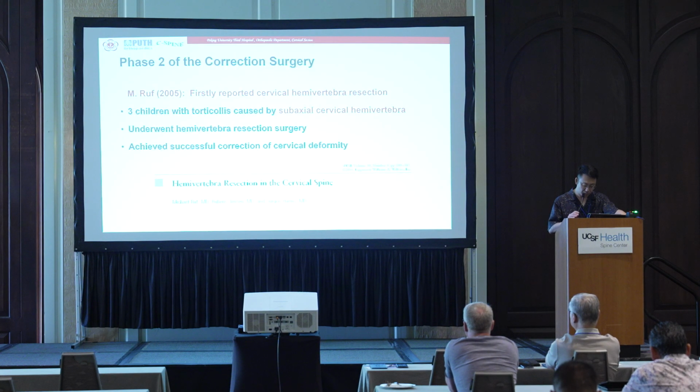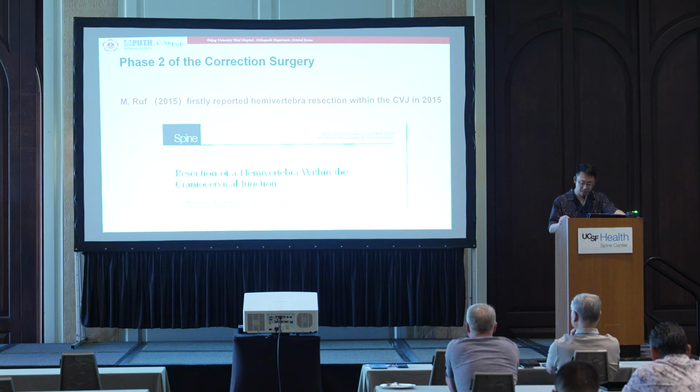These 3 landmark cases represented a breakthrough in the surgical treatment of congenital cervical scoliosis. Dr. Ruf and Dr. Harms pioneered the concept of hemivertebra resection in the cervical spine.